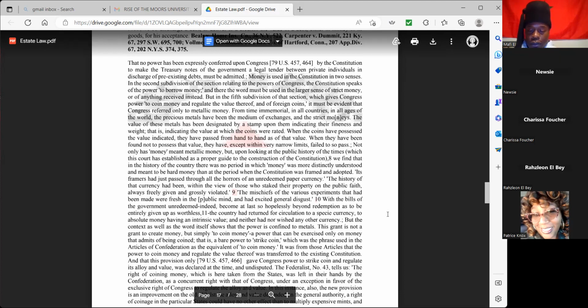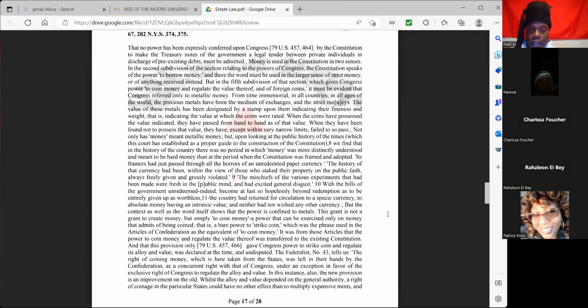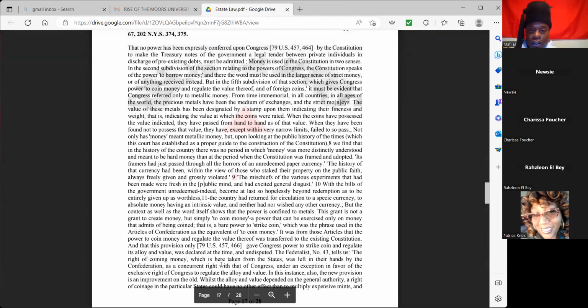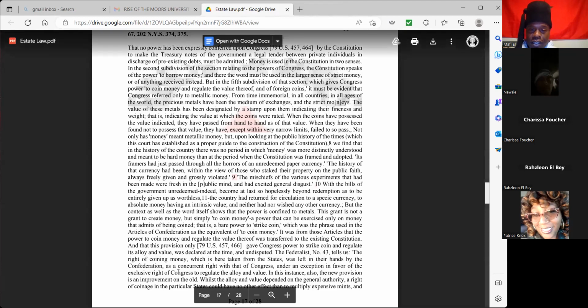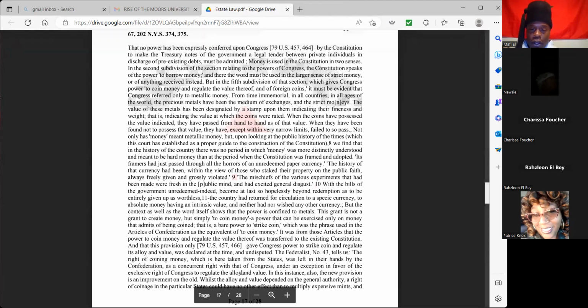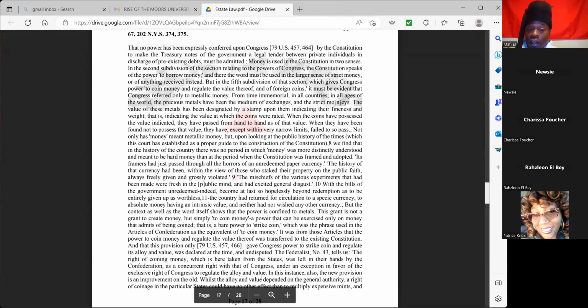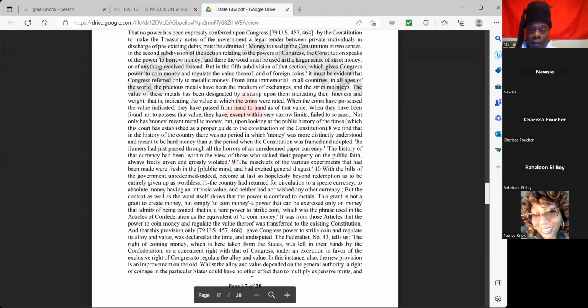The Federalist number 43 tells us the right of coining money, which is here taken from the states, was left in their hands by the Confederation as a concurrent right, with that of Congress under an exception in favor of the exclusive right of Congress to regulate alloy and value. And that's back to Article 1, Section 10, weights and measures.